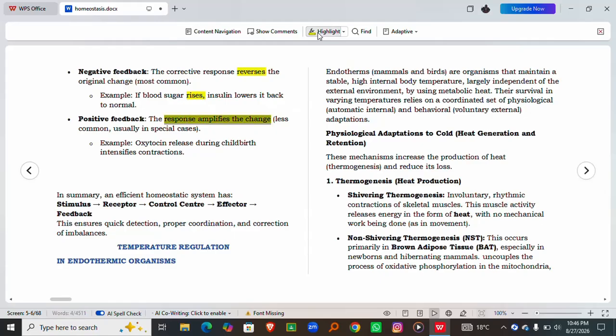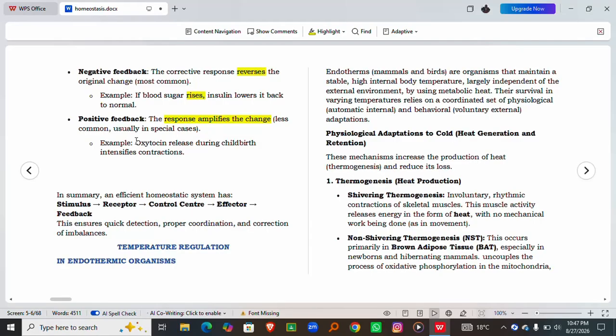For example, oxytocin release during birth causes even more contractions. Instead of lowering them, it causes a higher increase. So the response is amplified due to positive feedback.